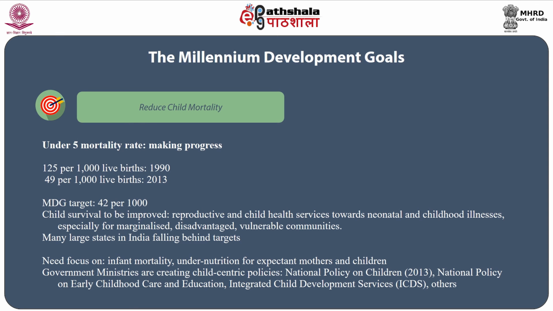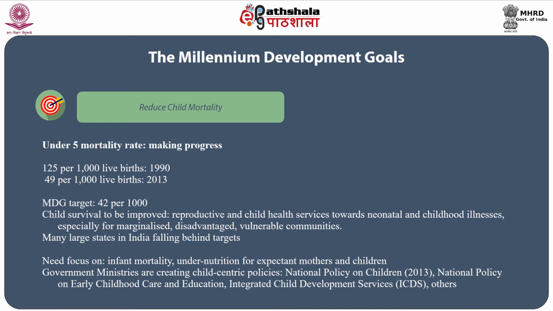Goal 4, under-5 mortality rate, is making considerable progress. 125 per thousand live births was the situation in 1990, which has come down to 49 per thousand live births in 2013. The MDG target was 42 per thousand.